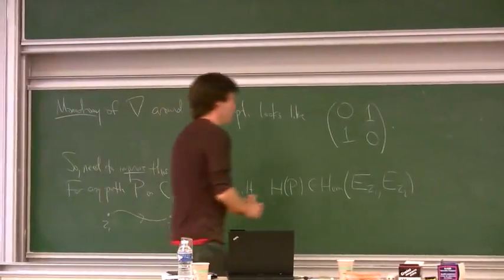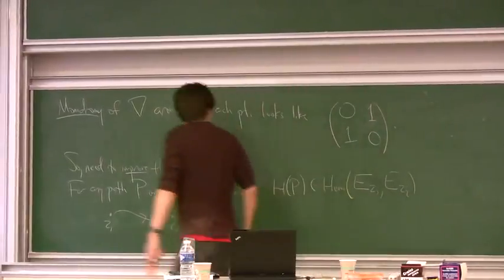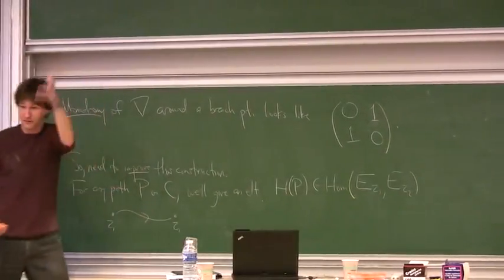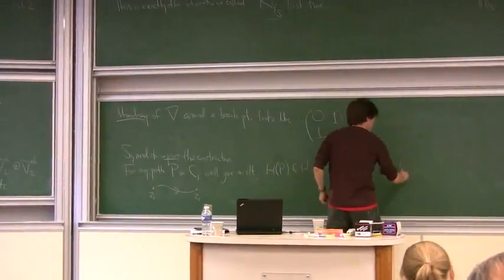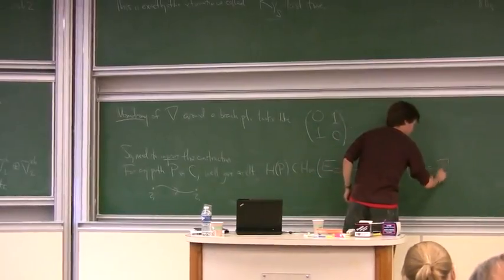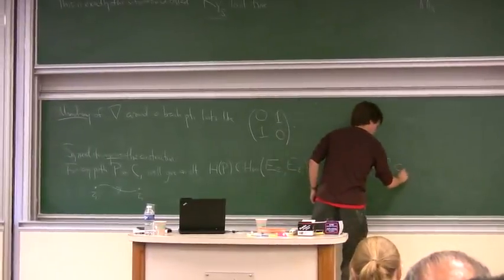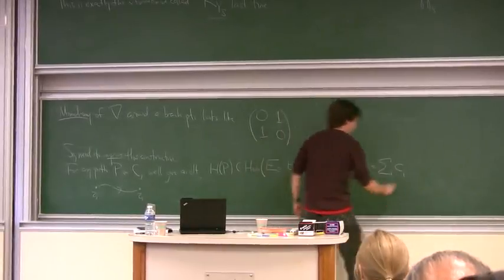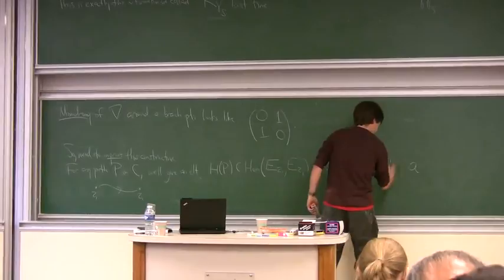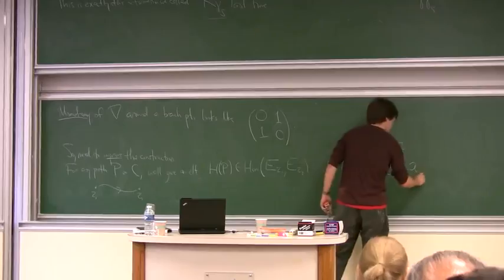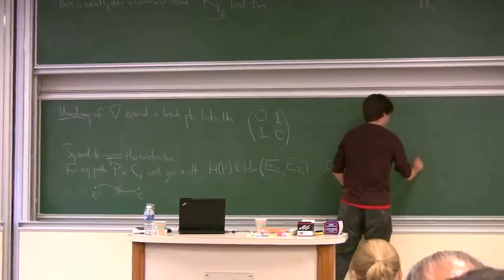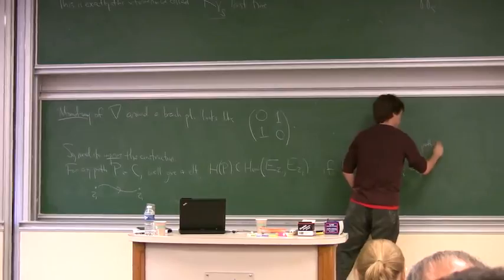So we're not going to change the bundle. The bundle is still going to be this push-forward bundle. We're just going to change the connection. And what is it? Well, what we do is we take our path and we look at its lifted version. So here's the construction. L of P is some sum with coefficients alpha I of paths. So these are some integers, and these are paths on sigma.